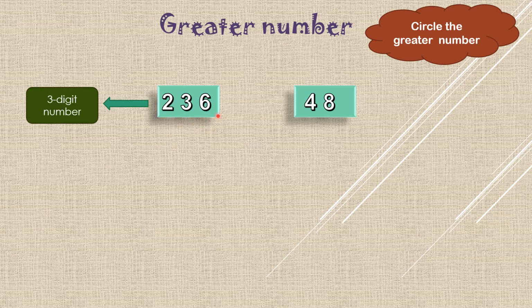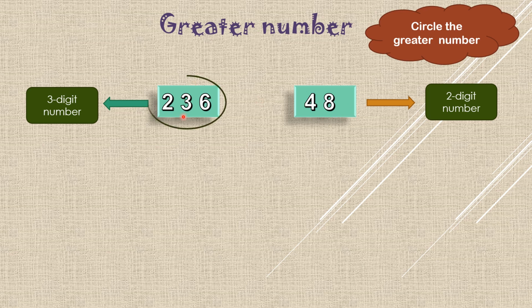So in the previous slide, what did we learn? Number with the more number of digits is higher or greater than the number with less number of digits. So 2-digit number is smaller and 3-digit number is bigger. So 236 is the bigger number when we compare it with 48.